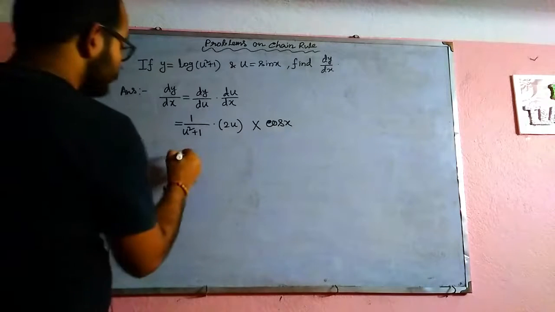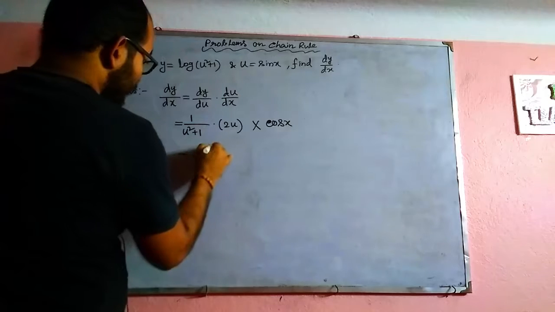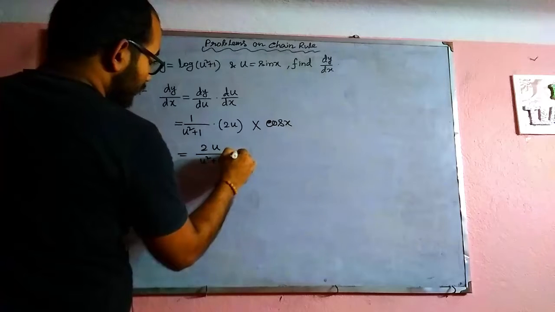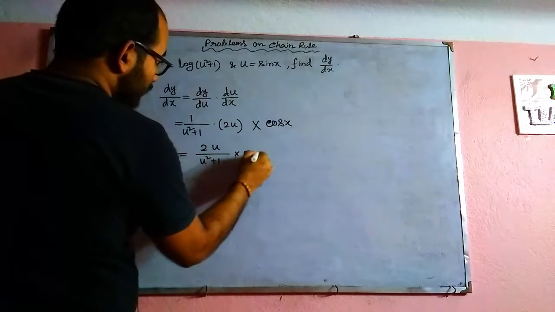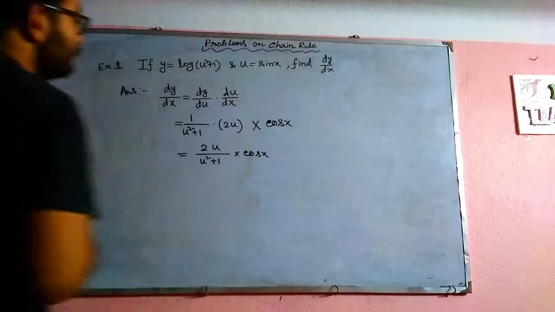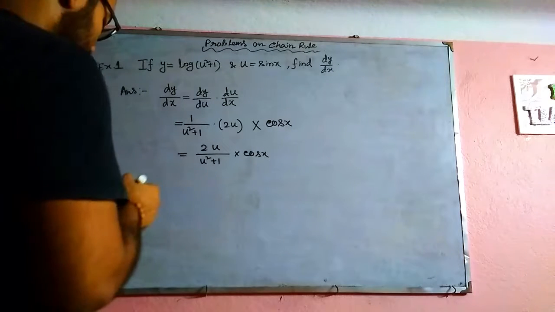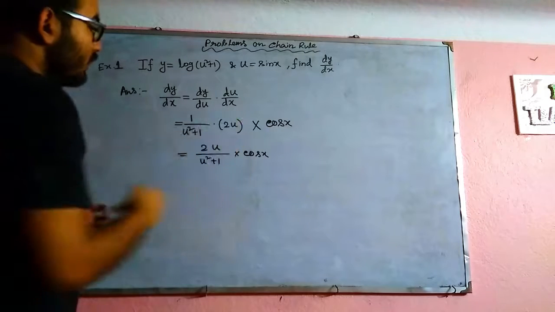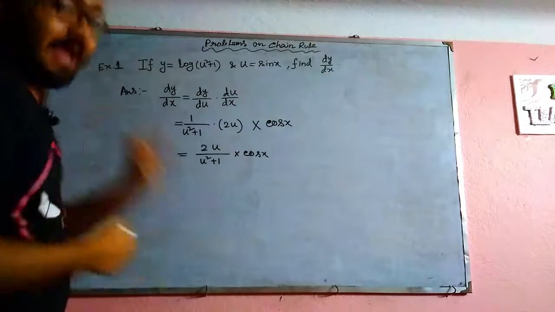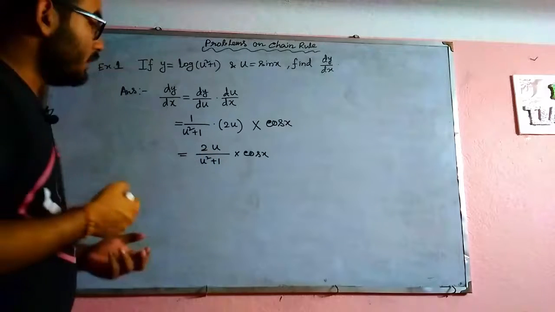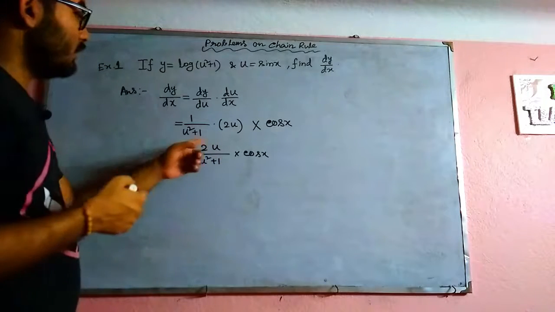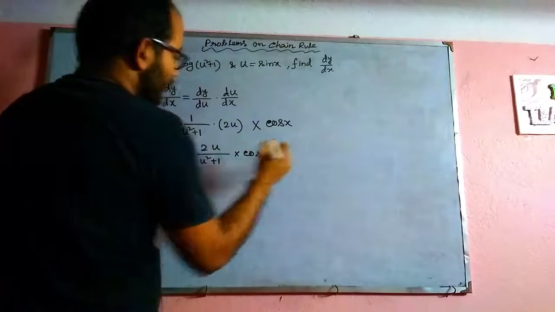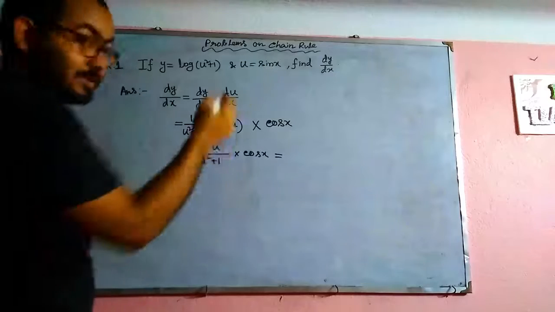So we have 2u by (u square plus 1) into cos x. But we have to turn this whole expression into a function of x. That is why we have to write u in terms of x. So what is 2u? u is sin x.